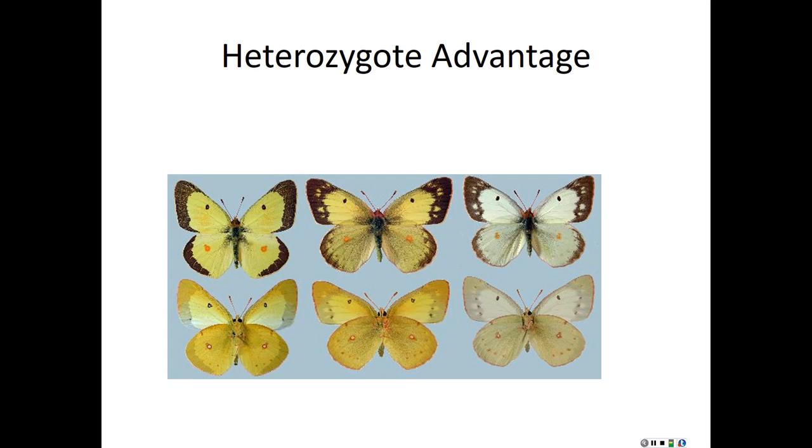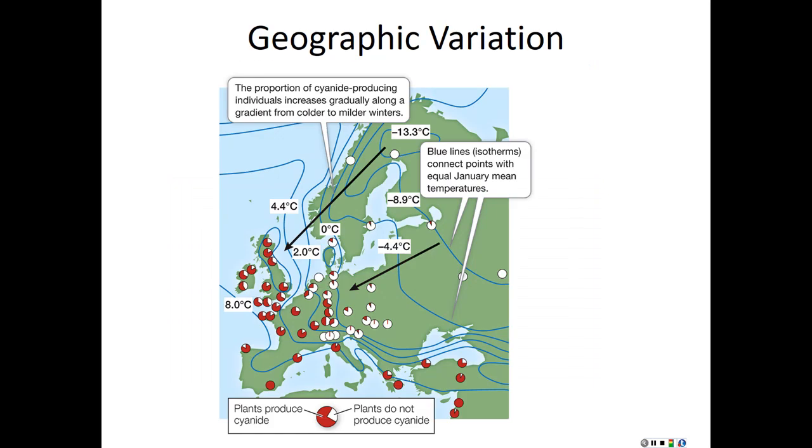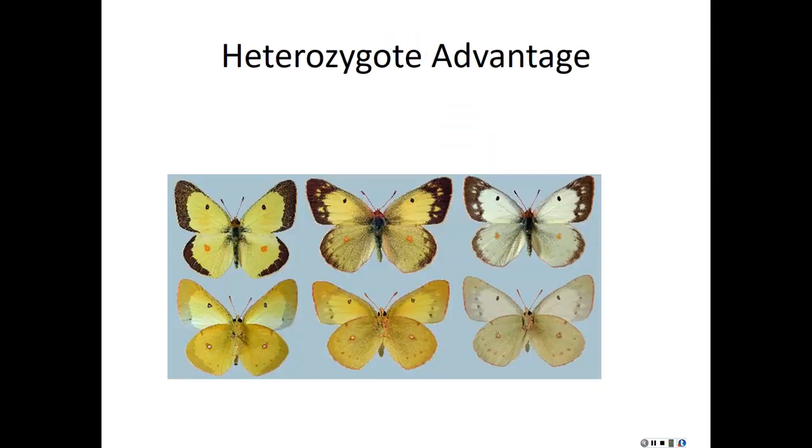Now this will tend to increase variation because we're keeping both those alleles that are doing well. So with heterozygote advantage, one example we're looking at here is a genus of butterflies known as Colias butterflies.